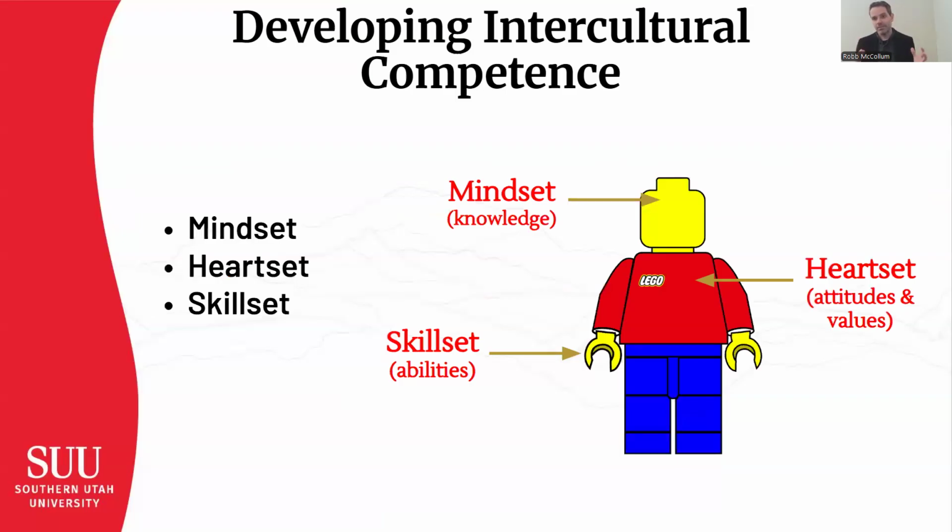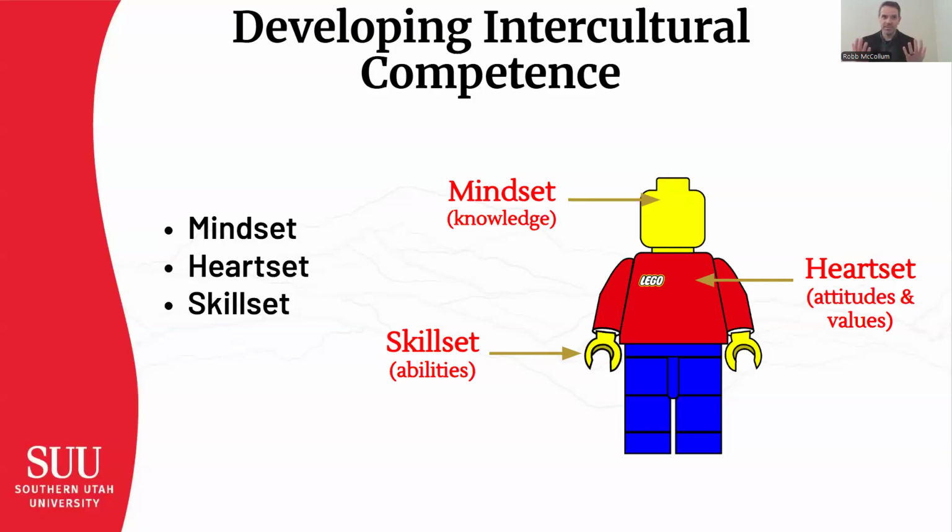Here is a diagram I like to use when I am teaching students and faculty on campus about developing an intercultural mindset. I tell them that developing a mindset is about our knowledge of other cultures and cultural differences. Developing a heart set means valuing other cultures, being curious about them, trying to understand why their practices are tied to their values, and avoiding ethnocentrism.